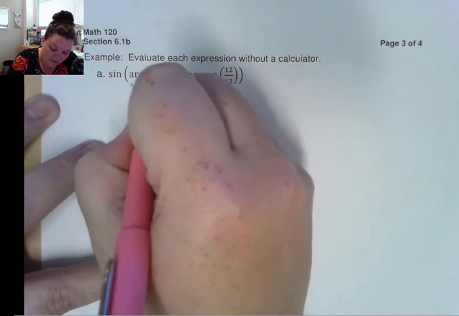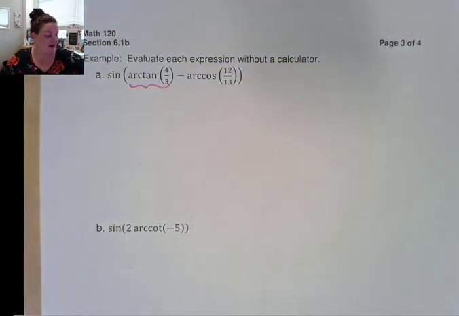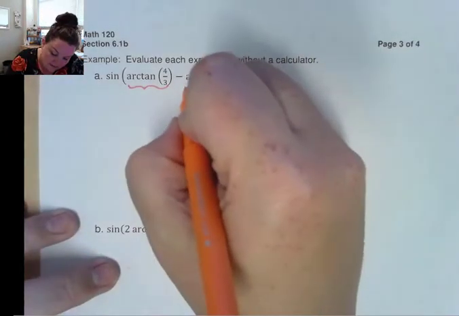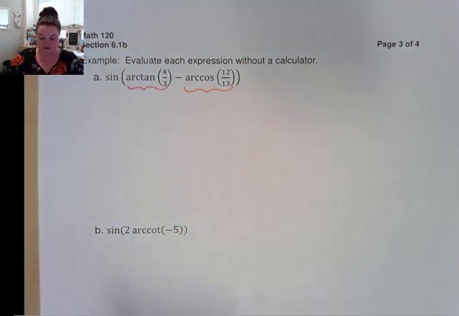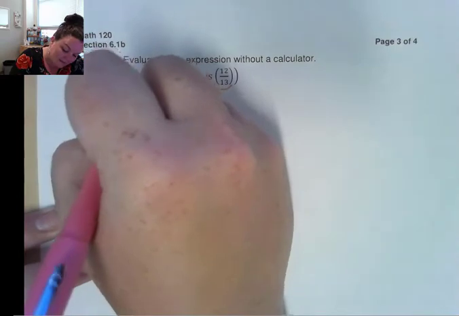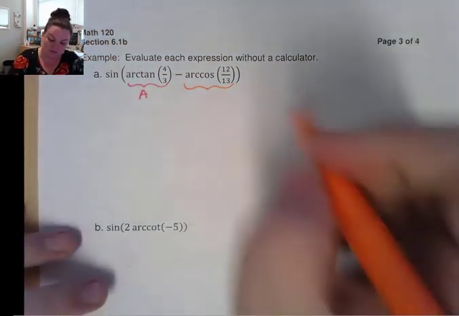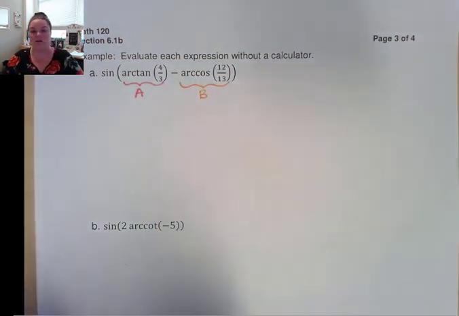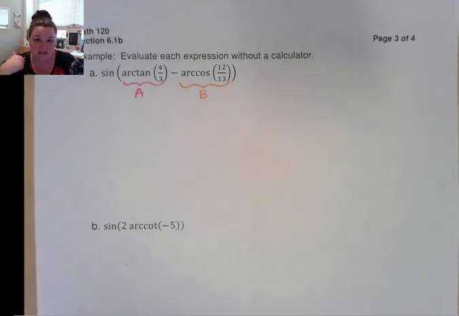We have this whole mess, and we have this whole mess. So I'm going to call them 2 different things. I'm going to call this one A, and I'm going to call this one B. Now you can call them X and Y, alpha and beta, theta and epsilon, I don't really care. But we're just going to label them 2 different things. And then I'm going to work this out the same way I did the last one.